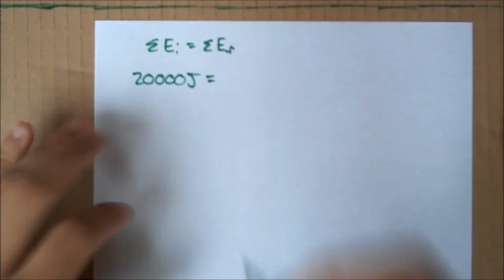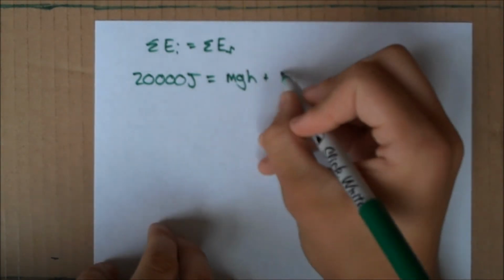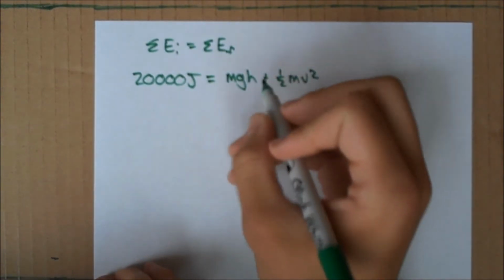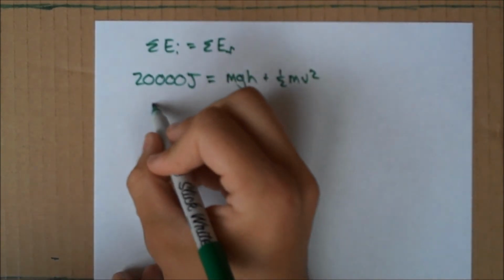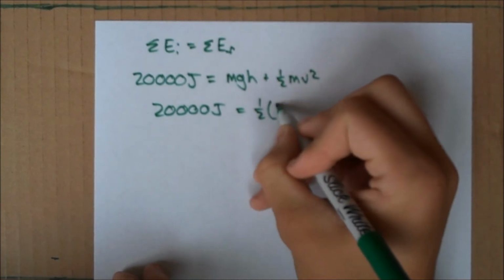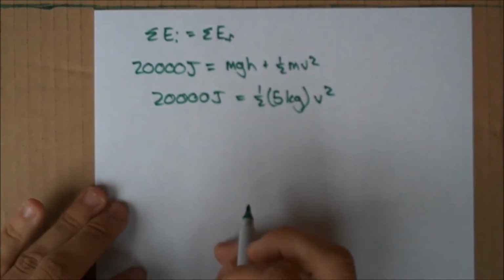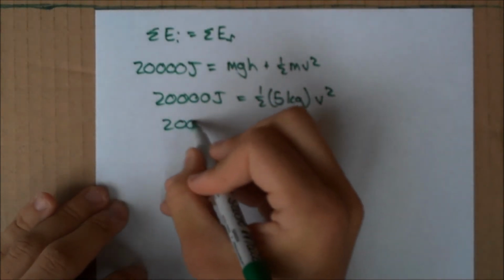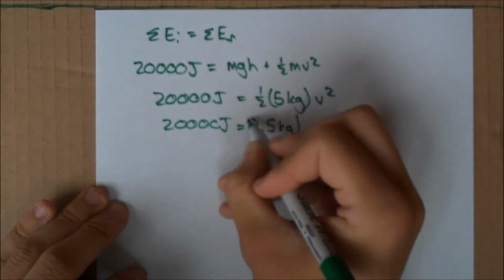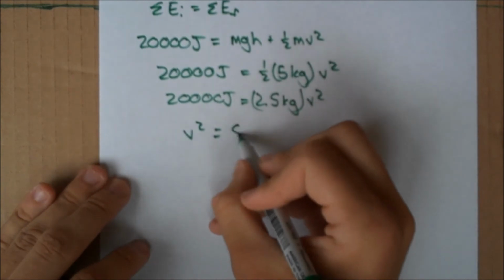Our final energy would have potential and kinetic, but since the height is 0, right at the ground, the potential energy ends up being 0. So we have 20,000 joules equals 1/2 times 5 kilograms times v squared, which gives 20,000 joules equals 2.5 kilograms times v squared. Solving for that, we get v squared equals 8,000.